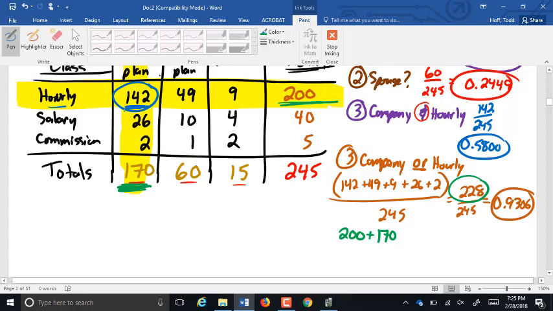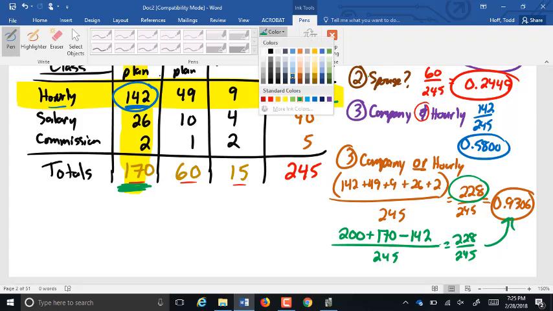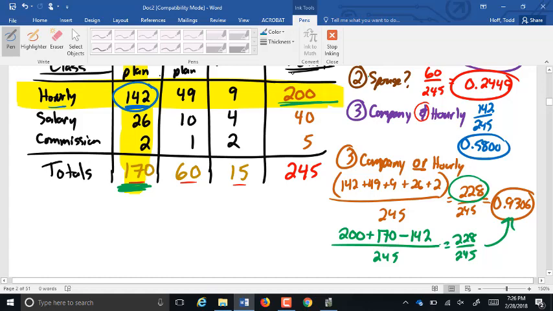It's in both the row and the column. So we have to subtract out the one that's counted twice. That would give us 228. In fact, that's how I added them up. Instead of adding the 5 numbers, I added the 2 and subtracted the 142. So that's the difference between the ands and the ors.